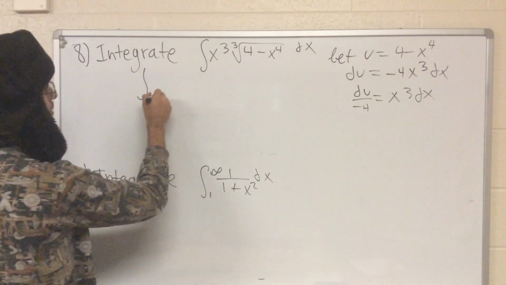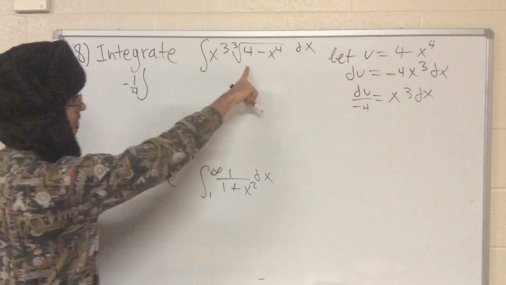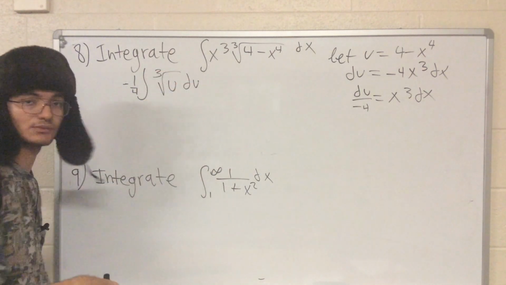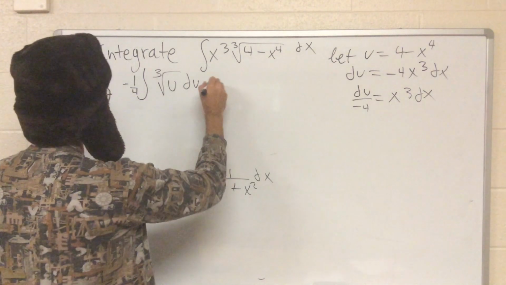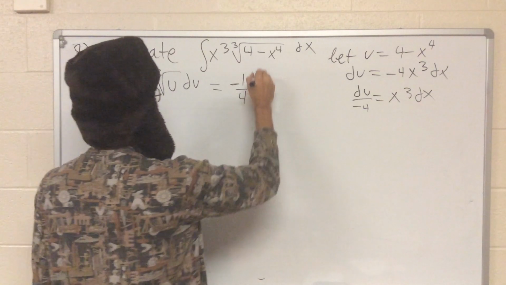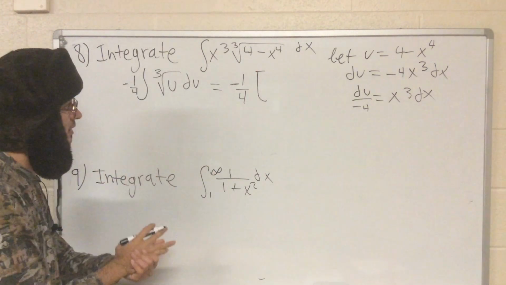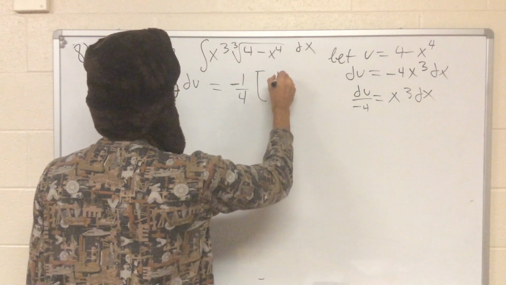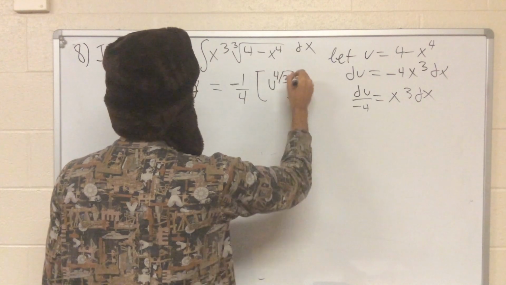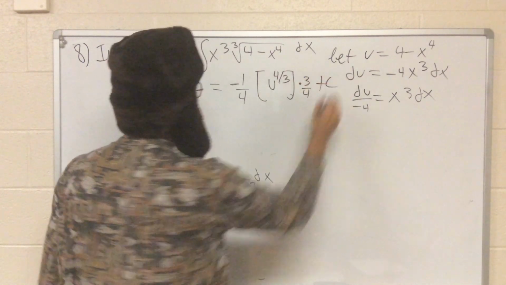So we have negative 1/4 times the integral of the cube root of u du, right? And the integral of the cube root of u du will be minus 1/4 times 1/3 plus 1, which will be 4/3, and then multiplied by the reciprocal, so times 3/4, plus c.